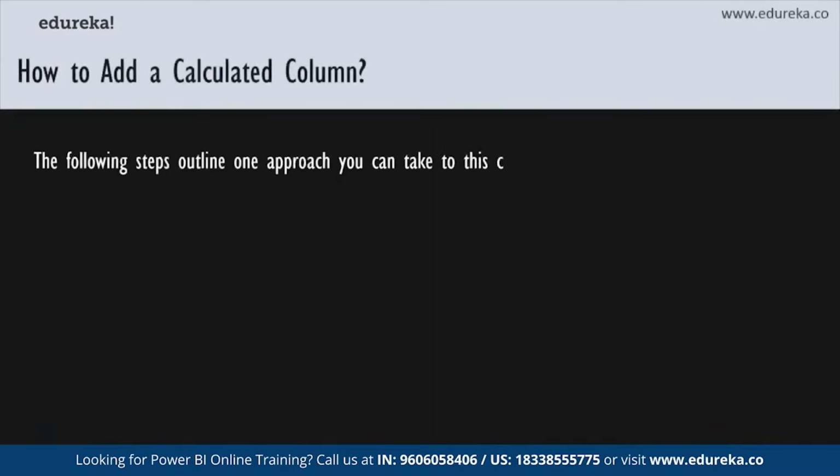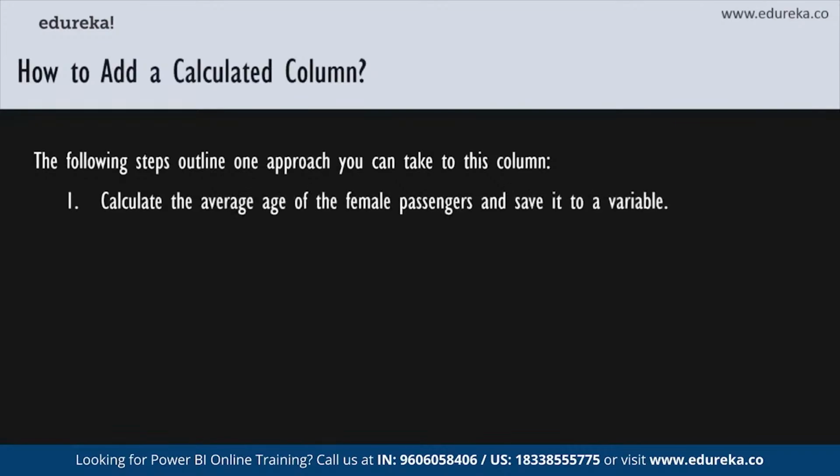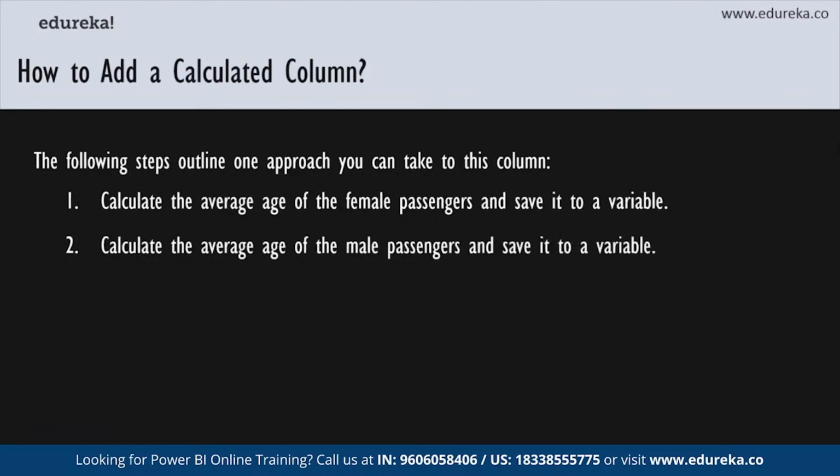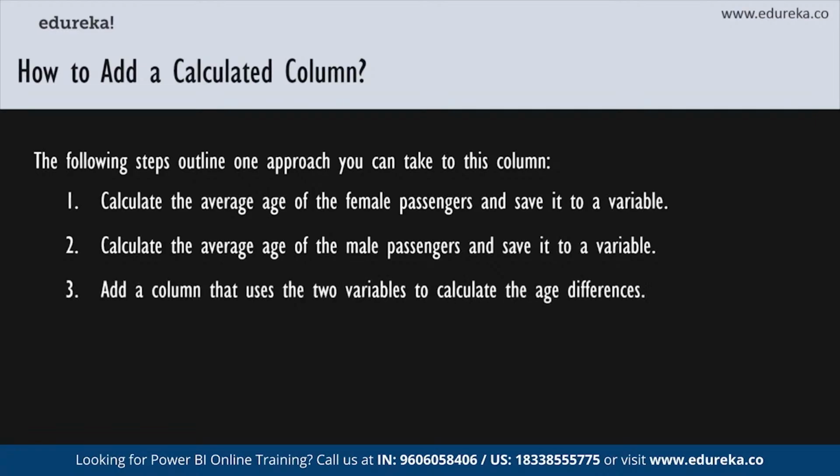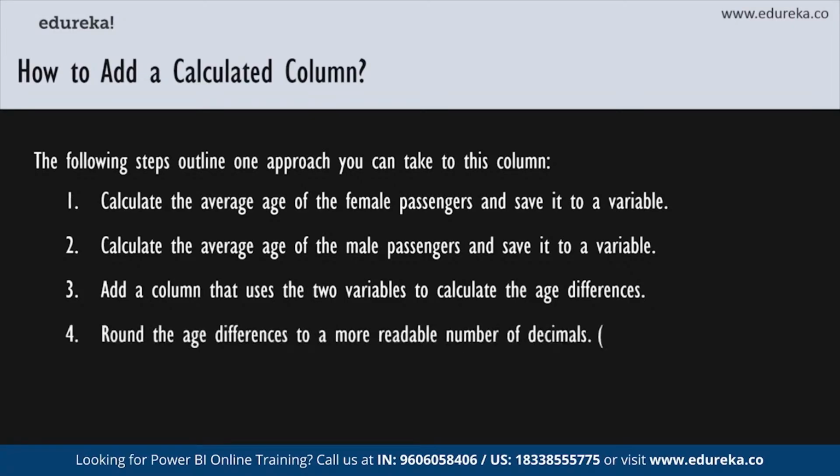So for that, we need to first calculate the average age of the female passengers and save it to a variable, then calculate the average age of male passengers and save it to another variable, or you can do it vice versa as well. Then you can add a column that uses the two variables to calculate the age differences and round the age differences to a more readable number of decimals. This step is purely optional.